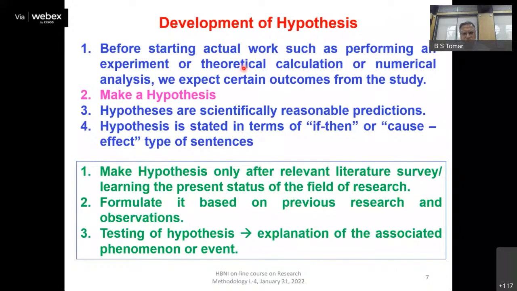After you have understood the subject and you are trying to add some new knowledge, that is what you are predicting based on your literature knowledge. Then you formulate this based on previous research and observations. And when you are doing the experiment, essentially you are testing the hypothesis, whether the hypothesis is true or false.